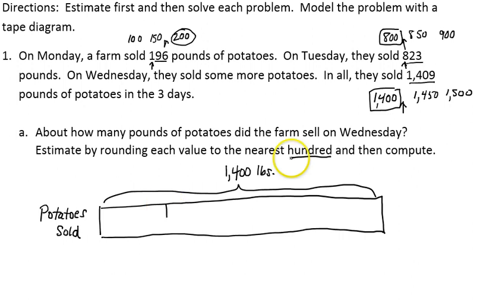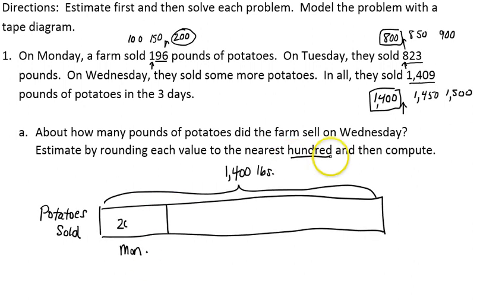They sold about 200. So I'll put Monday and I'll label that 200 pounds. On Tuesday, they sold around 800, which is going to be a bigger tape since that's a greater amount. So we'll put 800 pounds on Tuesday. On Wednesday, they sold some potatoes, but we don't know how many. So that's where our question mark goes.